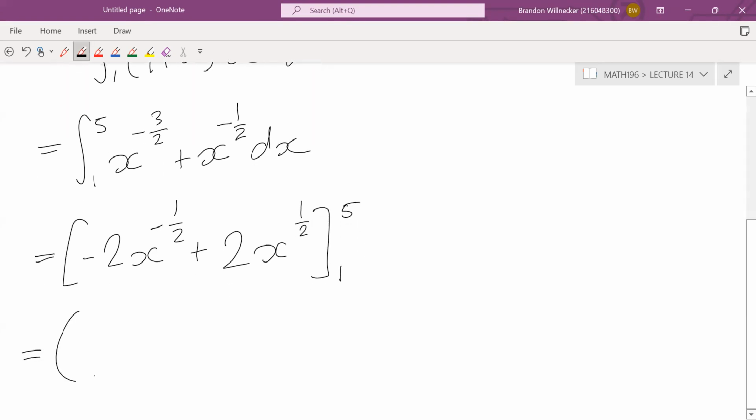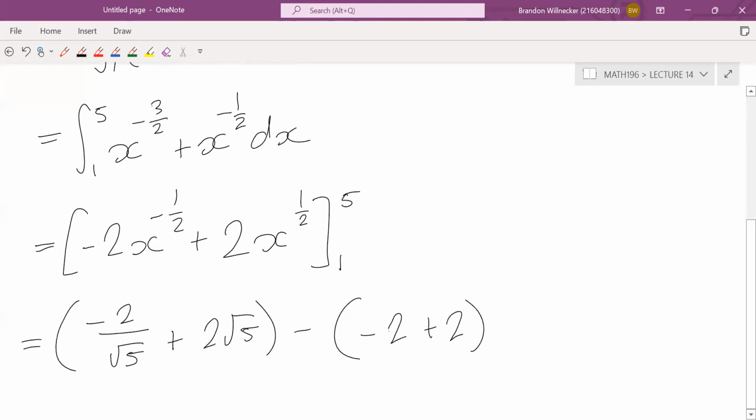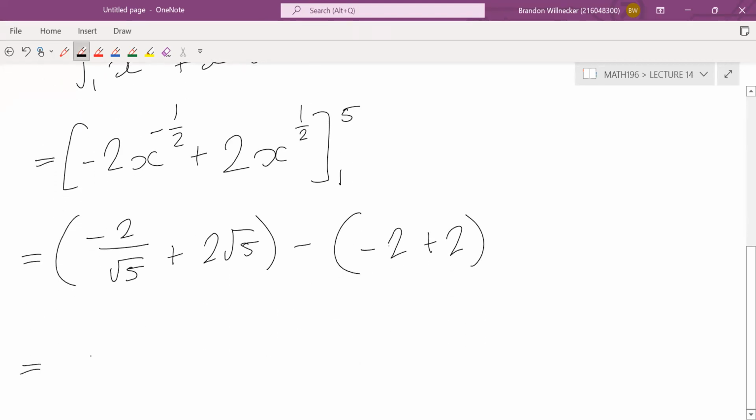Okay, so let's substitute. We're going to have minus 2 over root 5 plus 2 root 5 minus, then we're going to have minus 2 plus 2. Okay, so then we end up with minus 2 over root 5 plus 2 root 5.